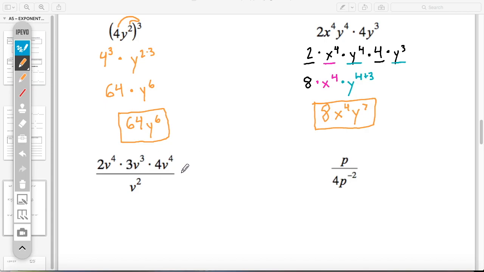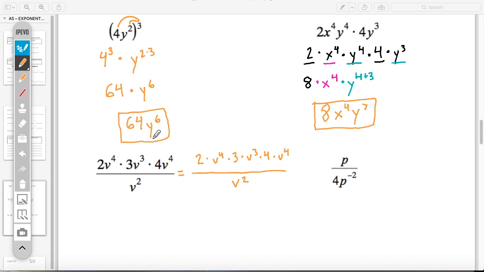Okay, so let's move right down here. I'll do the same thing. I'll just rewrite this expression. So down bottom I have v squared. That won't change. Up top here I have 2 times v to the fourth times 3 times v cubed times 4 times v to the fourth again.